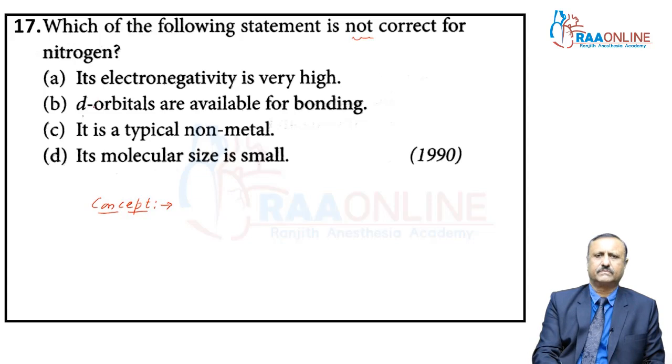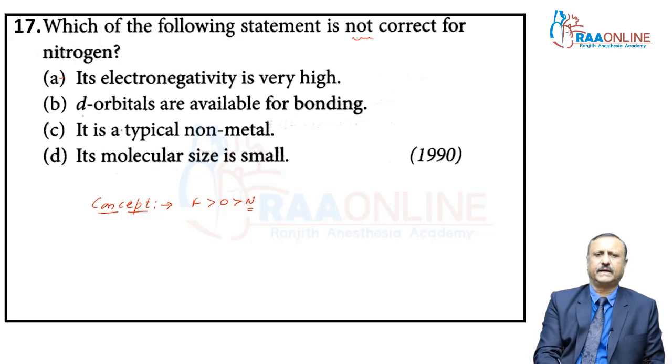Its electronegativity is very high. Yes, you can see fluorine, oxygen, and then nitrogen, the third element, which is highly electronegative among all the elements of the periodic table. So it is correct.